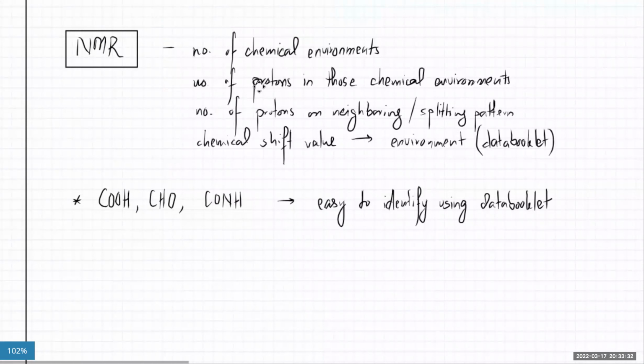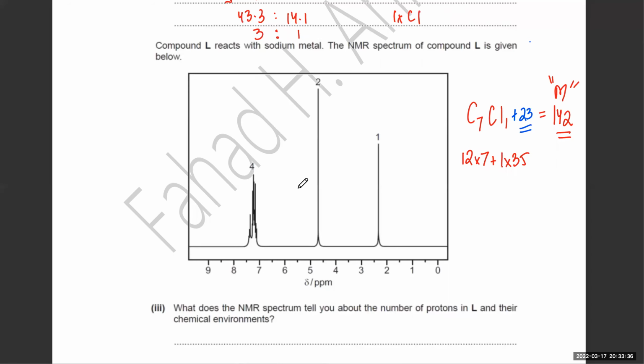It's also giving you the number of protons in those chemical environments. So you've got 4 hydrogens over here, right? You've got 2 hydrogens in this environment, right? And you've got 1 hydrogen in a different environment. Okay, is that clear?